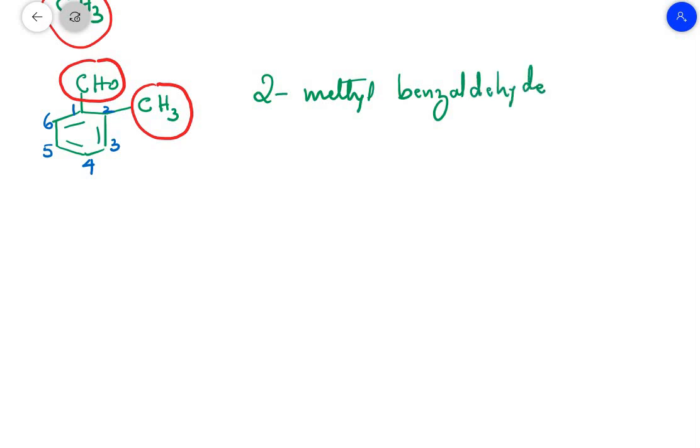Or it is also called orthomethyl benzaldehyde.